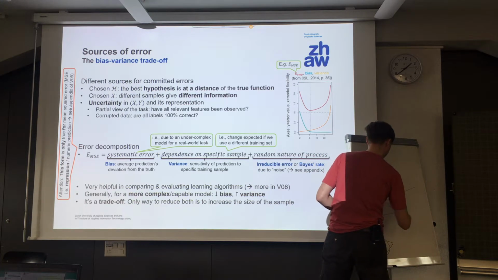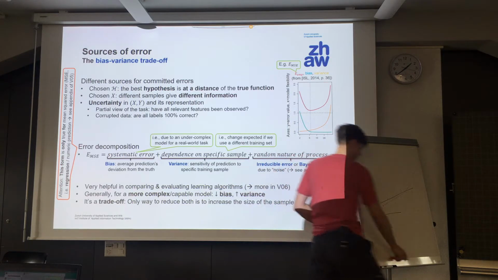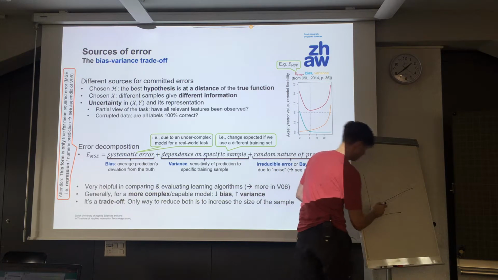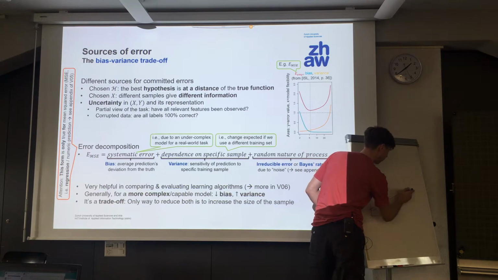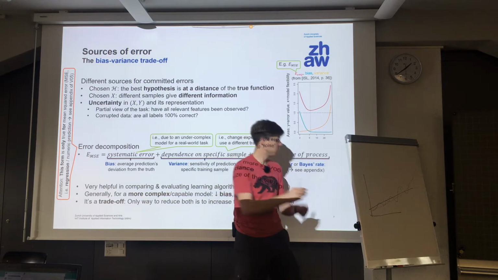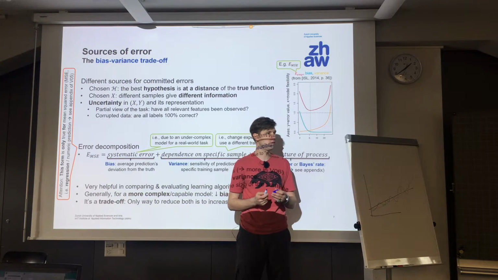Something like that is maybe already more flexible. And okay, something like that is even more flexible. You see, this is somehow the wiggliness of that curve. This is something that is measured by VC dimension, by the way.